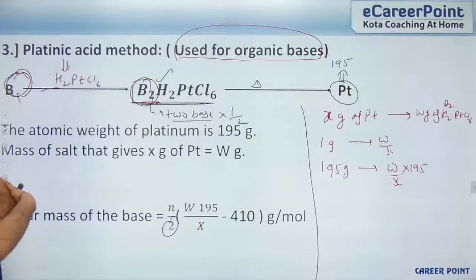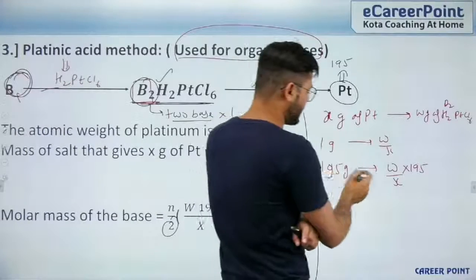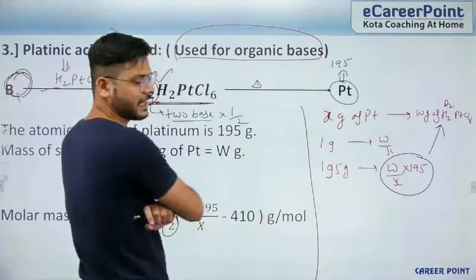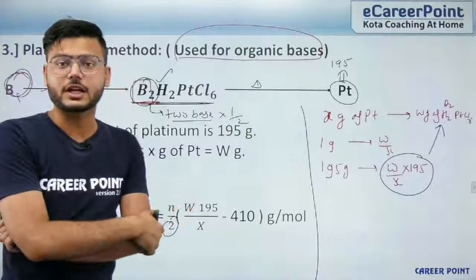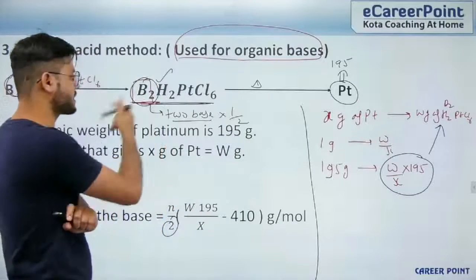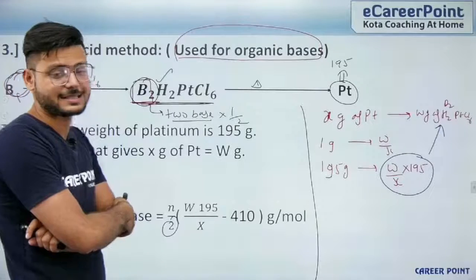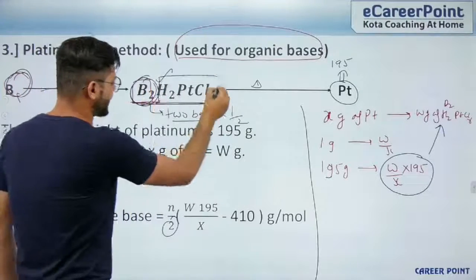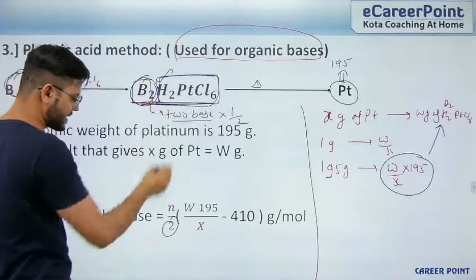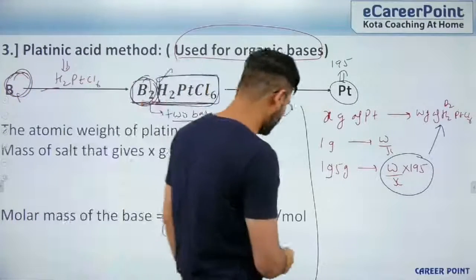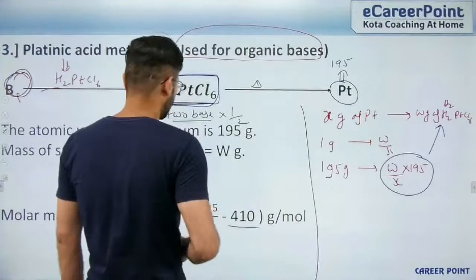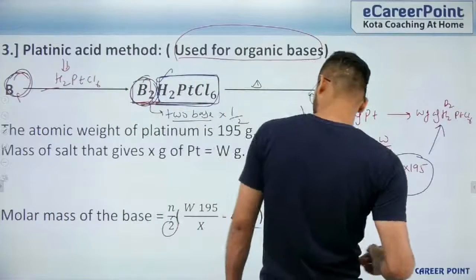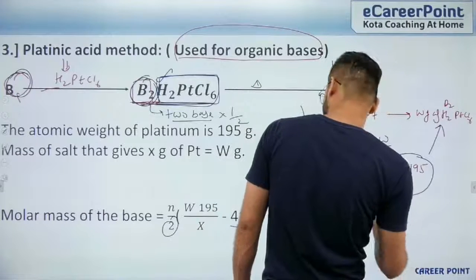Then my dear students, 195 gram of platinum will be deposited by this much of salt. So this is the molecular weight of this salt, B2H2PtCl6. For B2, I will just subtract this, which is 410 or more than that, so of course I need to remove that.